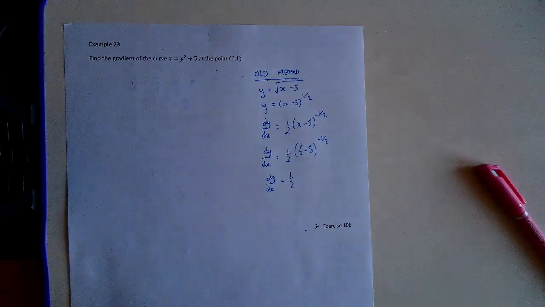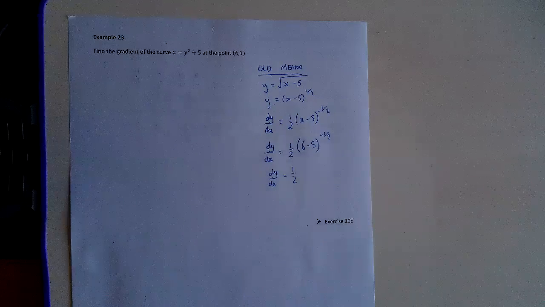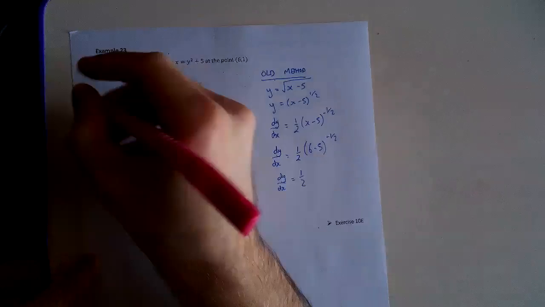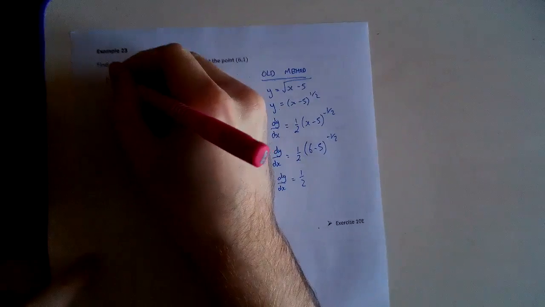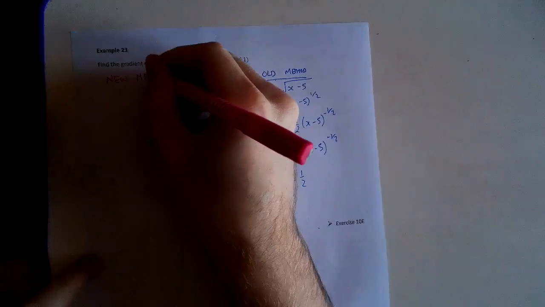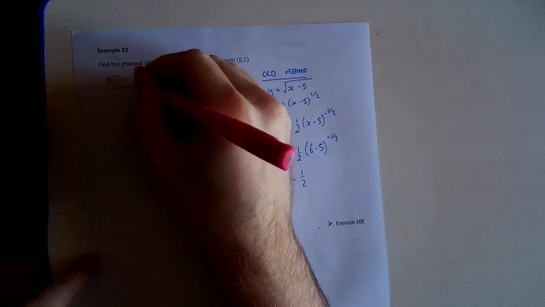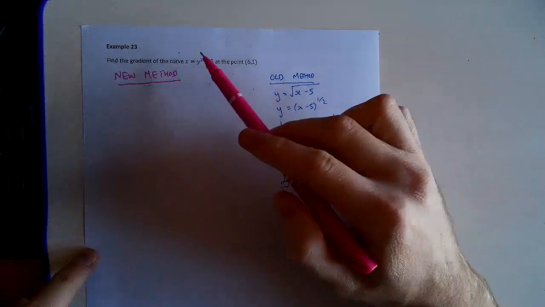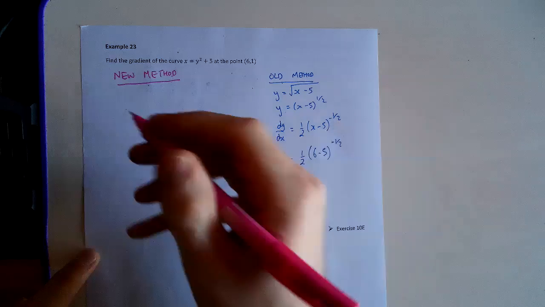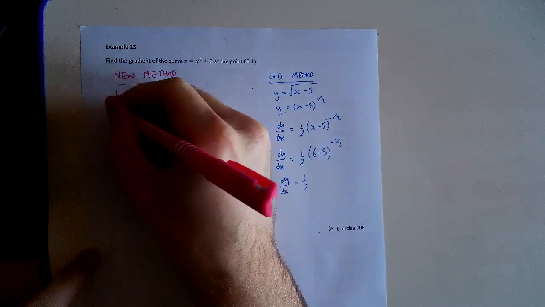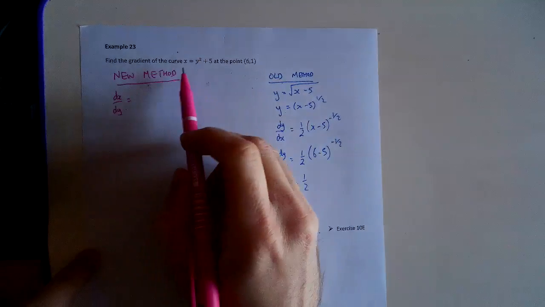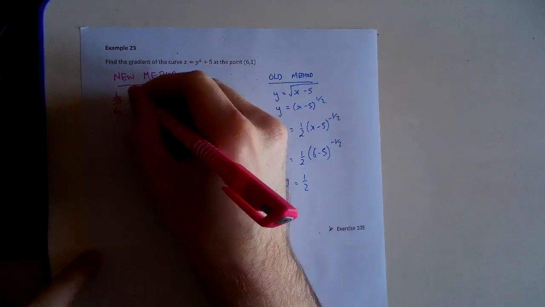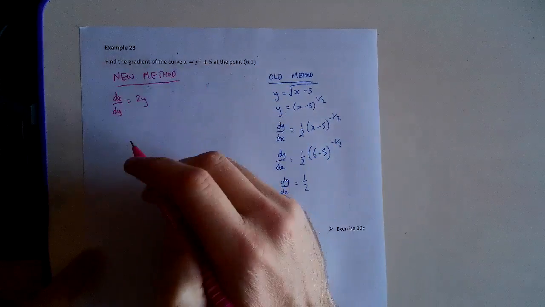Yeah, with the new method, hopefully you're going to see this way is much quicker and a lot nicer, less likely to make mistakes. And there's nothing wrong with doing the old way, by the way, if you prefer. The new method, I've got x equals only 1x, so straight away let's just get dx by dy. So dx by dy, y squared differentiates to 2y, plus 5 disappears.